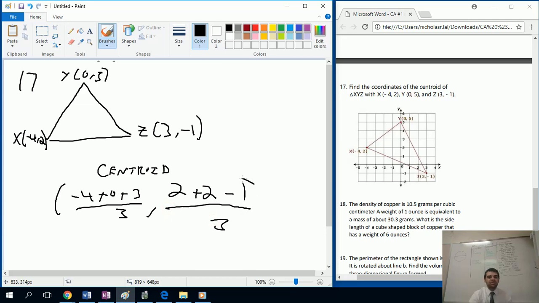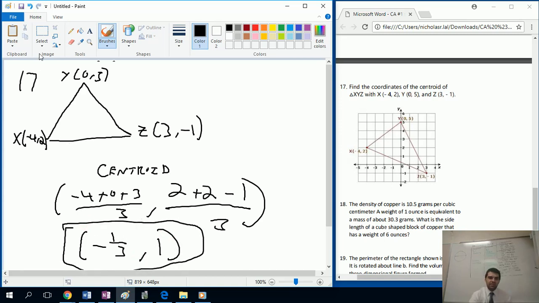This comes from the properties of a centroid, so make sure you intuitively understand those properties. Combine those together, you're going to get negative 1/3 and 2. That's equal to the centroid. That's our answer. That's 17. Let's move on to 18.